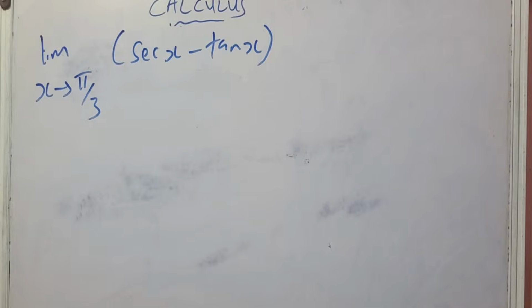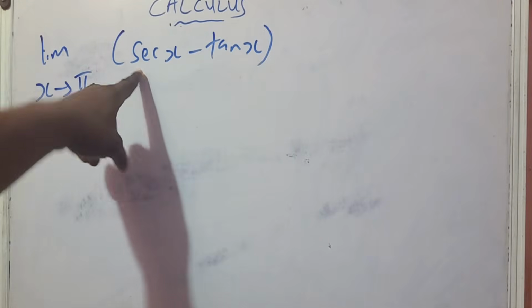We have sec x minus tan x. What are we going to do here? If you go on to fill in your values for x as pi over 3, one of the major issues you may face here is that you do not have sec on your calculator.